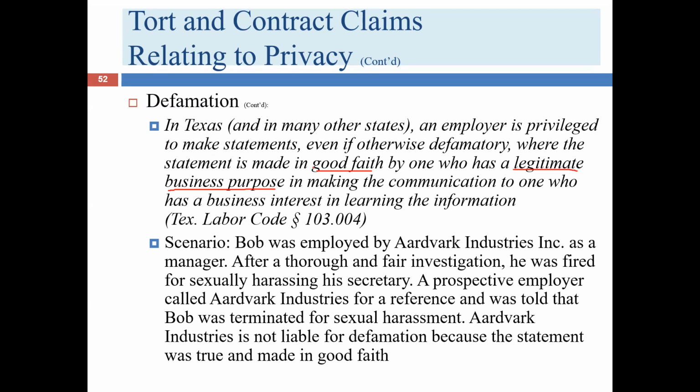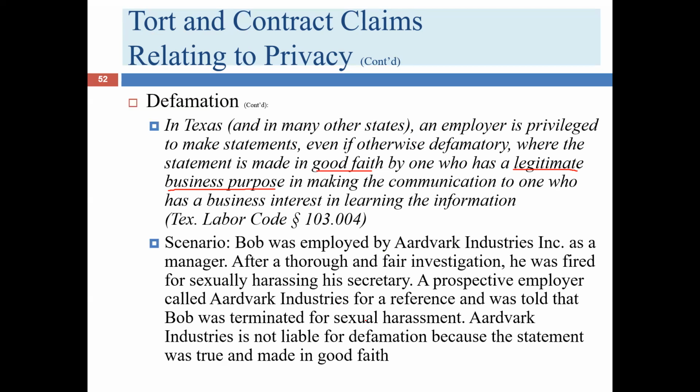So Bob is employed by Aardvark Industries. After a thorough and fair investigation, he's fired for sexually harassing a secretary. A prospective employer calls Aardvark Industries for a reference, and he was told that Bob was terminated for sexual harassment. Let's assume that the prospective employer doesn't hire Bob. Because the statement is true and it was made in good faith, there is no problem, there is no defamation.